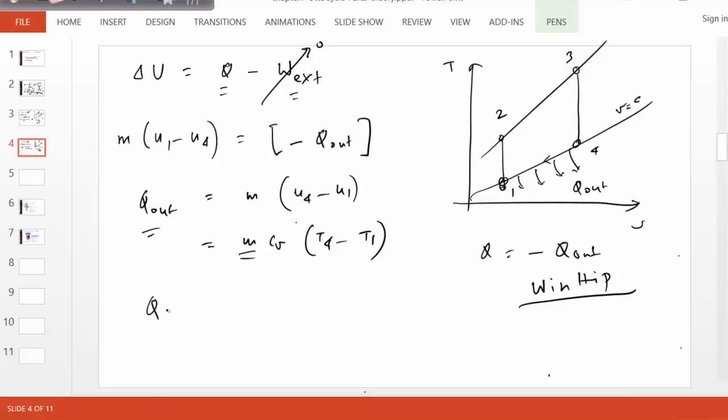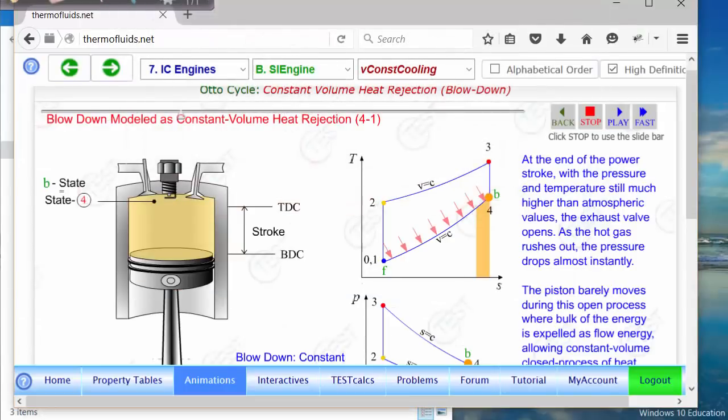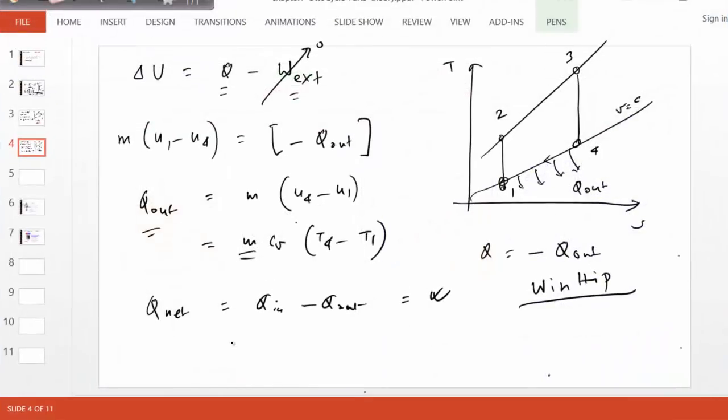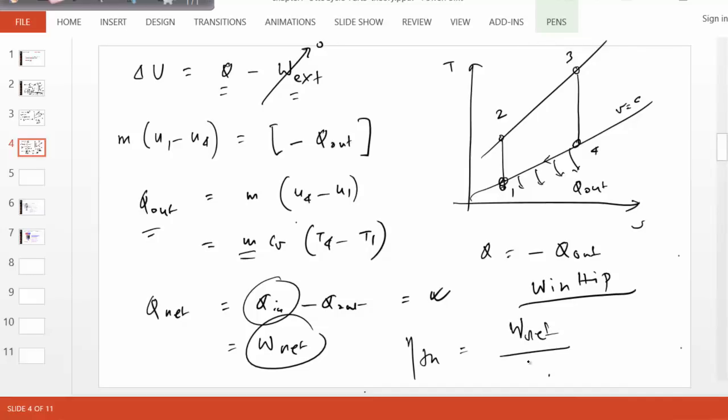So therefore Q net is Q in minus Q out, which must be equal to W net. So now that we know how to find W net and Q in, the thermal efficiency is simply the net work of the cycle divided by Q in.